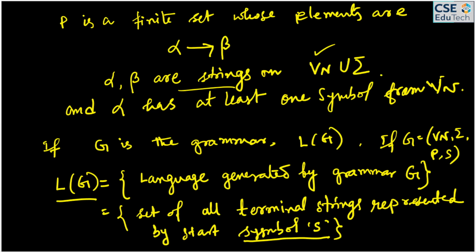Now generally capital letters, that means A, B, C, up to Z, etc. are considered as non-terminals or variables.